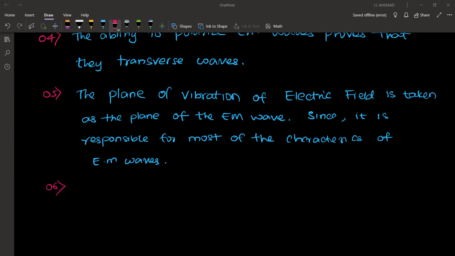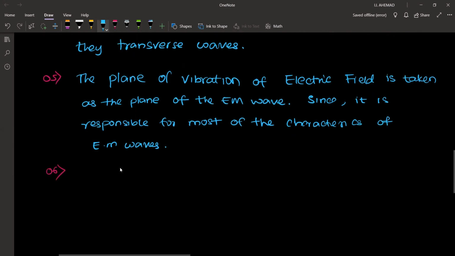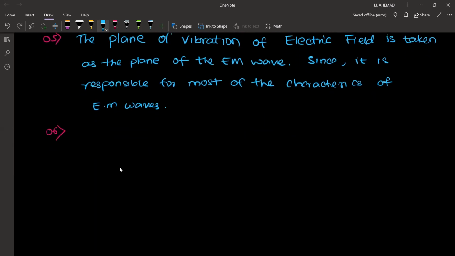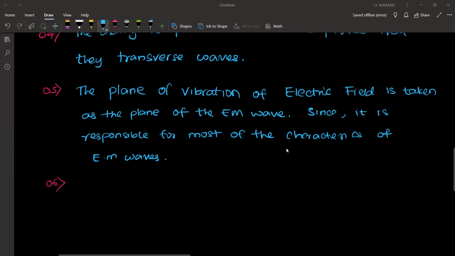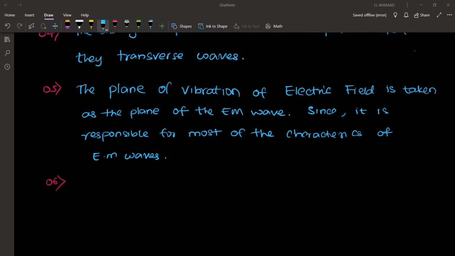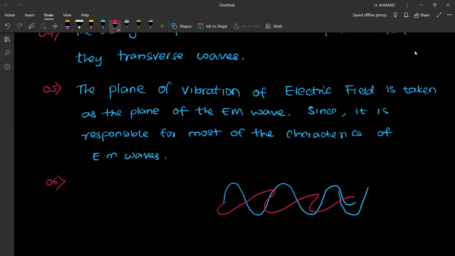Note number 6, as we mentioned earlier, the vibration doesn't occur in a single plane. So here, we have two fields, right? In an electromagnetic wave, we have two fields. One field is the magnetic field. The other field is the electric field.